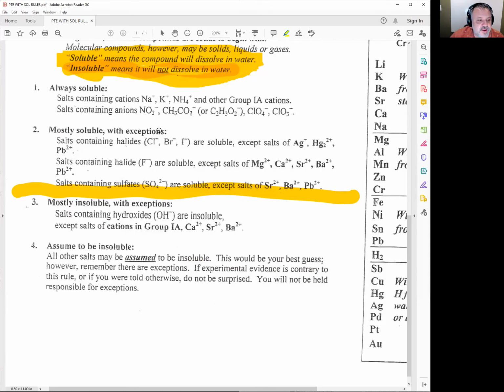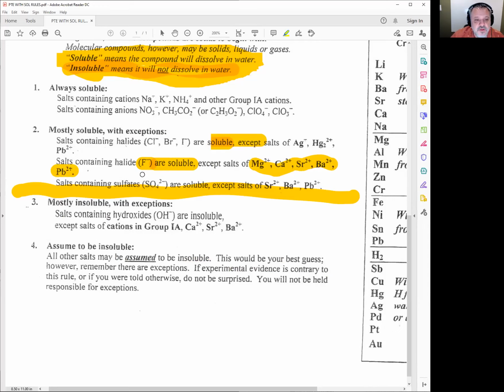Generally, a chloride or bromide or iodide would be soluble, except with the following exceptions. Fluorides are soluble except with magnesium, with calcium ion, strontium ion, barium ion, and lead 2 ion.